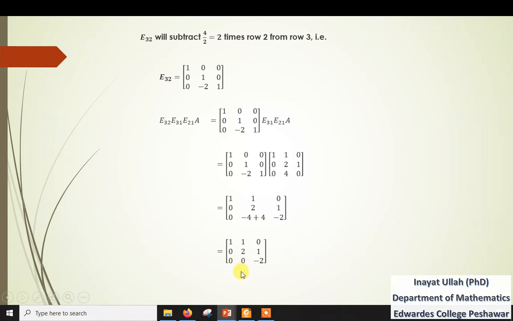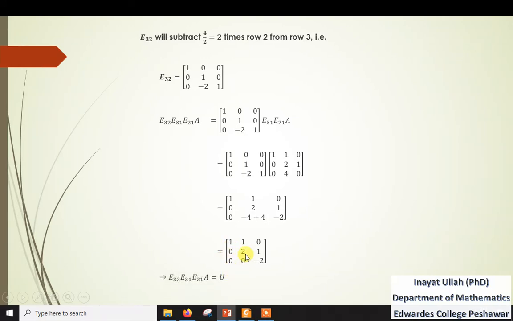So see that all these elimination matrices convert this matrix A into an upper triangular matrix. You see, all the elements below the main diagonal are 0.